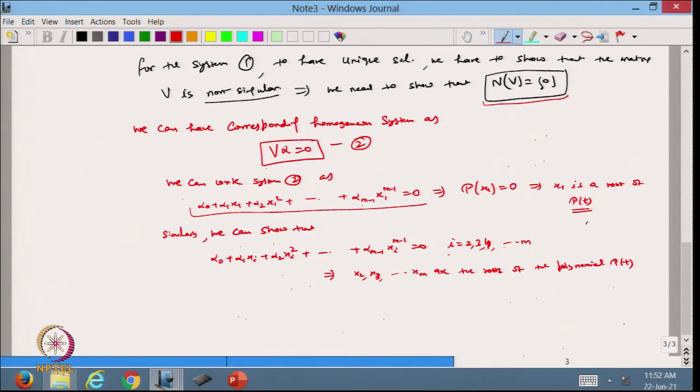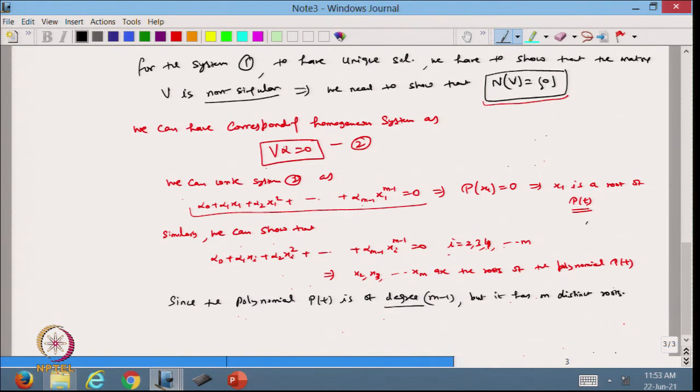So, from here, one thing is true: since the polynomial p(t) is of degree m minus 1, we know that the polynomial is of degree m minus 1, but you can see from here it has m distinct roots.